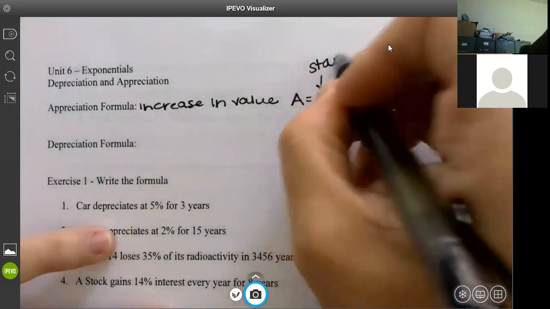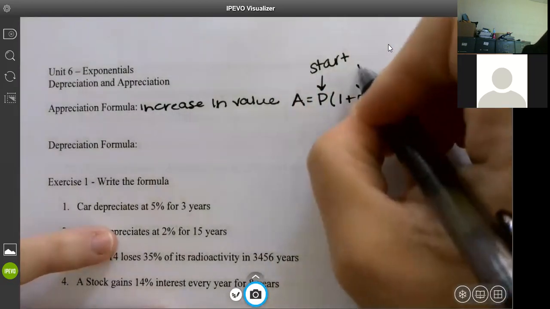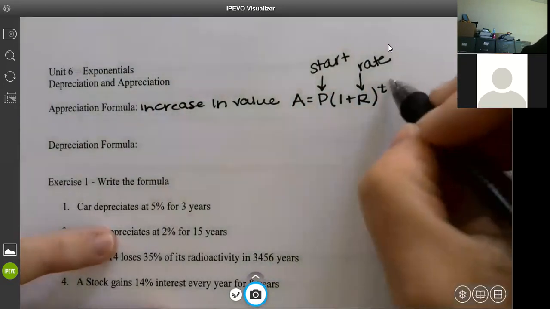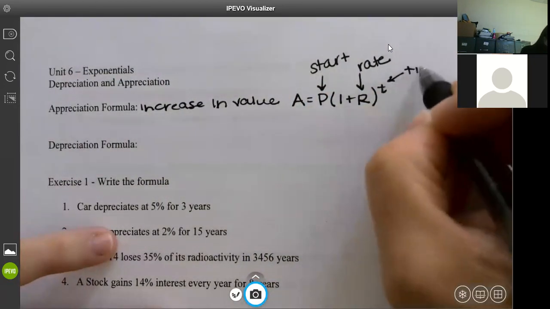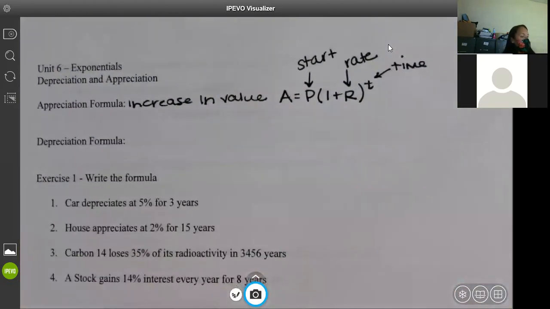P is your principal, or what you started with. R is your rate, just like we worked with yesterday. And the only difference is that today we're putting a power on it, and it would be time.